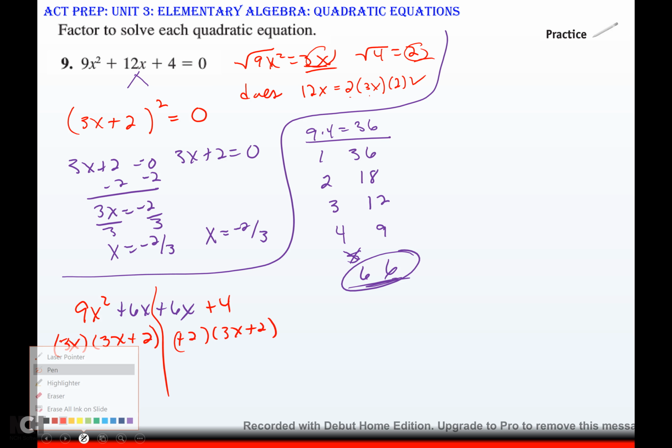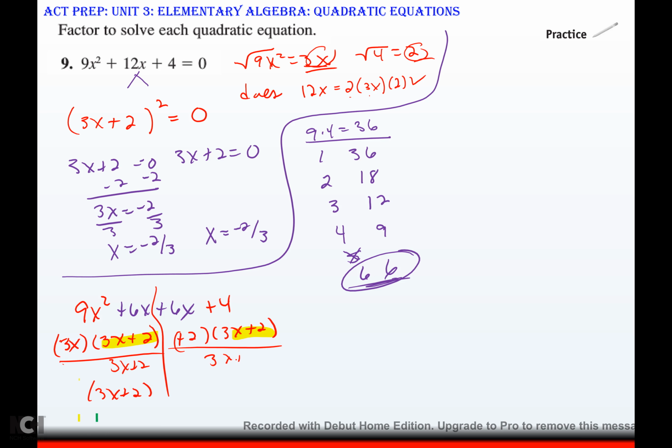There's my matching binomial. So I GCF again by 3x plus 2 to get what's left, divide, and I get 3x right here plus 2 right here. Did I get the same thing, 3x plus 2 squared?